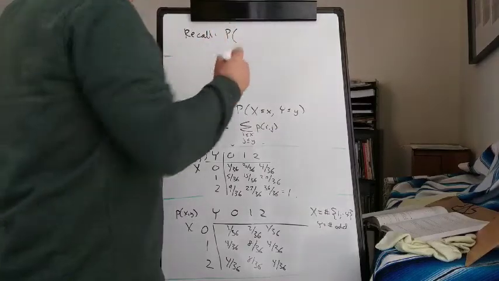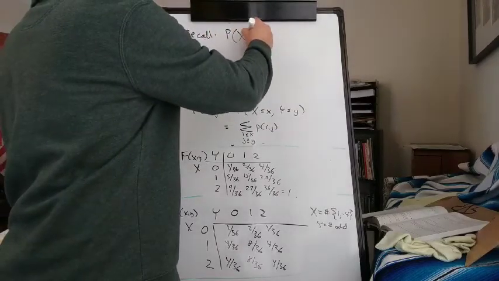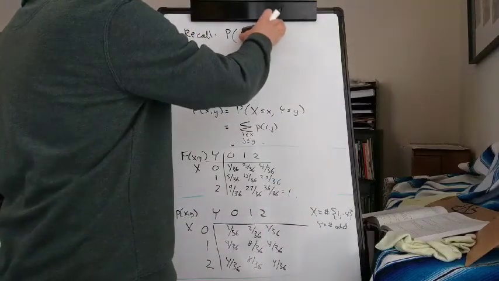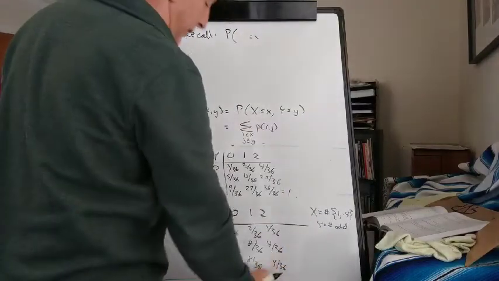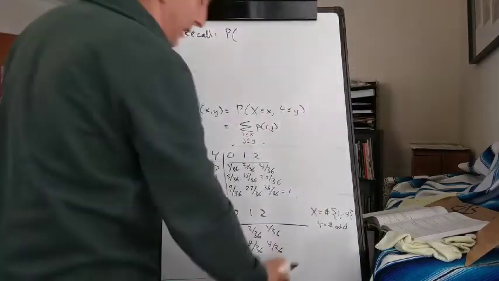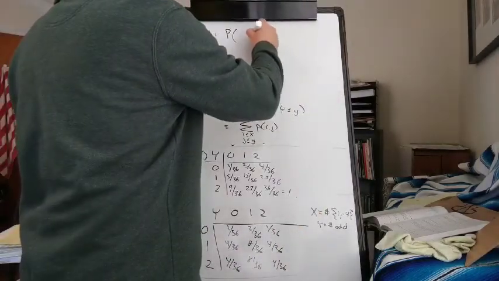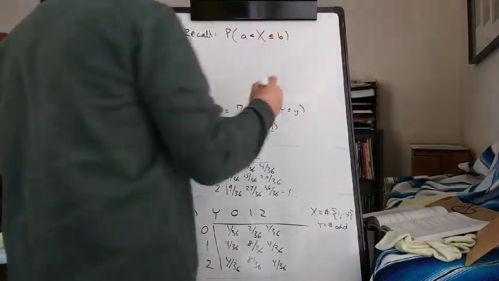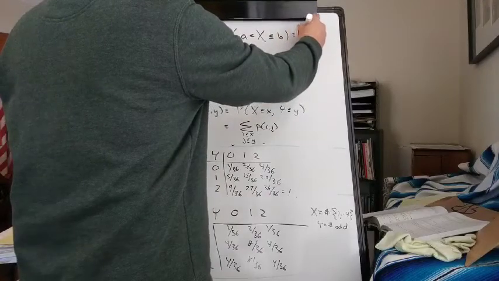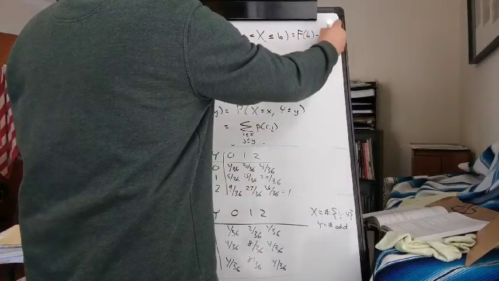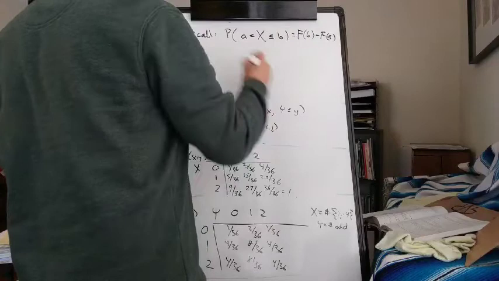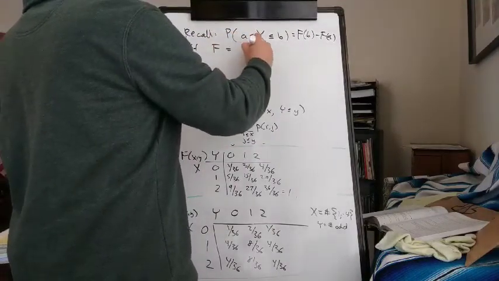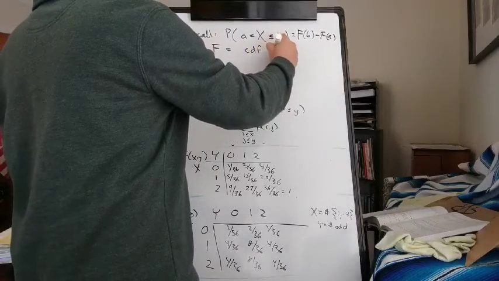That is, if we want the probability that the random variable capital X is between 2 values, say A and B, let's say possibly equal to B but greater than A, this is F of B minus F of A, if F is the cumulative distribution function of X.